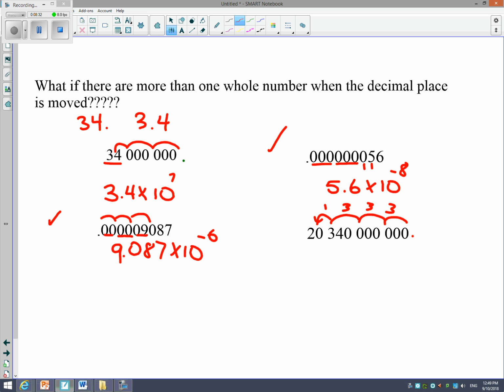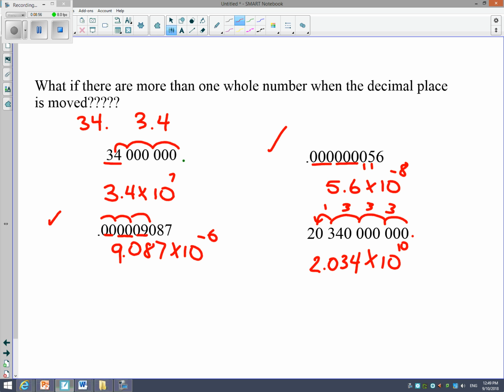I'll write that down just for people having a hard time seeing that. Anyhow, the new number will be 2.034. You do not write down all the zeros after that, but you do have to write the whole numbers. It's times 10, and we moved it 3, 6, 9, 10 spaces. So that answer is 2.034 times 10 to the 10.